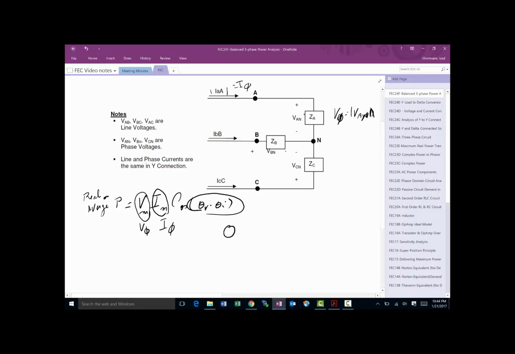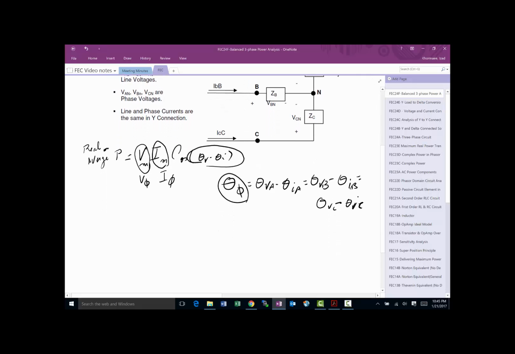In other words, theta phi for phase A, theta V of A minus theta I of A, is the same as theta V of B minus theta I of B, the same as theta V of C minus theta I of C. So regardless of which phase we are looking at, whether it's power for phase A, phase B, or phase C, each one is going to be V of phi times I of phi times cosine of theta phi.